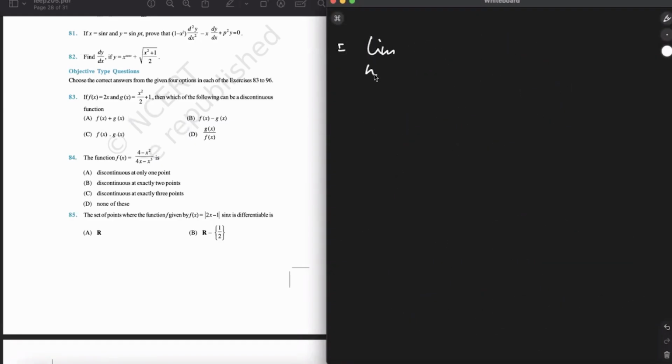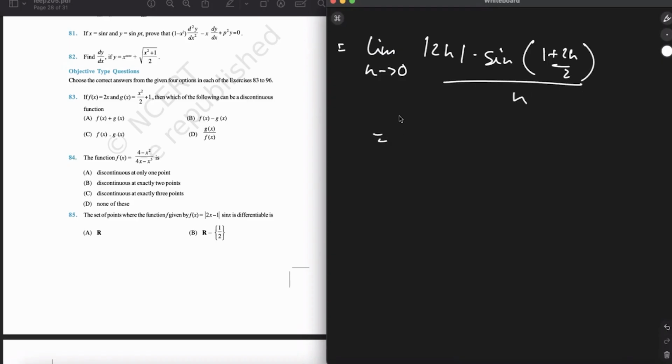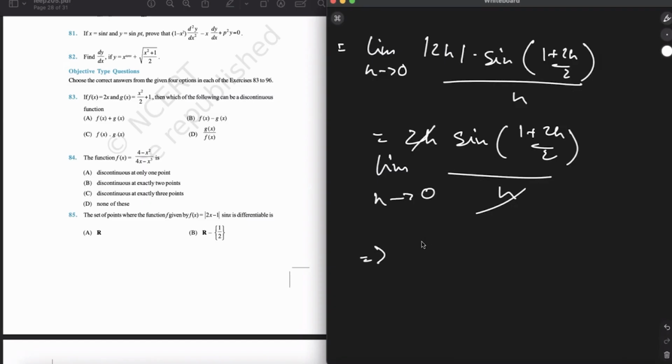So limit h tends to 0, mod of 2h times sine of 1 plus 2h upon 2, whole divided by h. So mod 2h will be 2h, sine of 1 plus 2h upon 2, whole divided by h, and h is tending to 0. So when h is tending to 0, I can write it as 2 sine 1 by 2. This will be my answer for the right derivative at half.